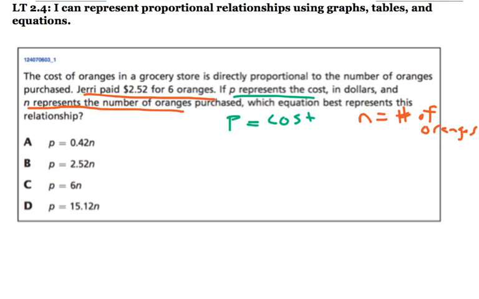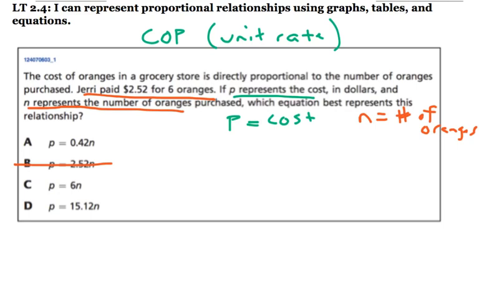Alright, so I know to write an equation, like a proportional equation, I need to know the constant of proportionality or the unit rate, meaning I need to know how much one orange costs. Already, that tells me that this one is wrong because it's taking the price of 6 oranges and multiplying it by the number of oranges.